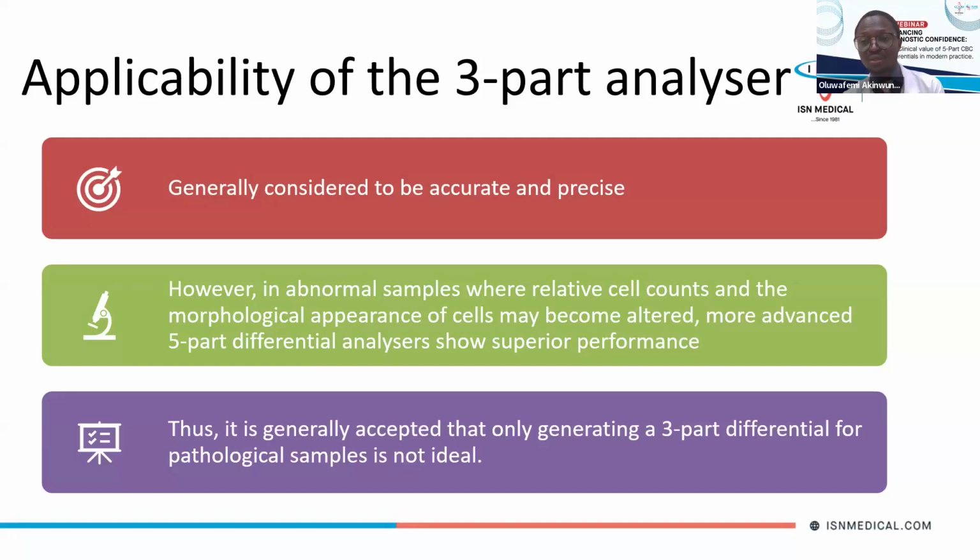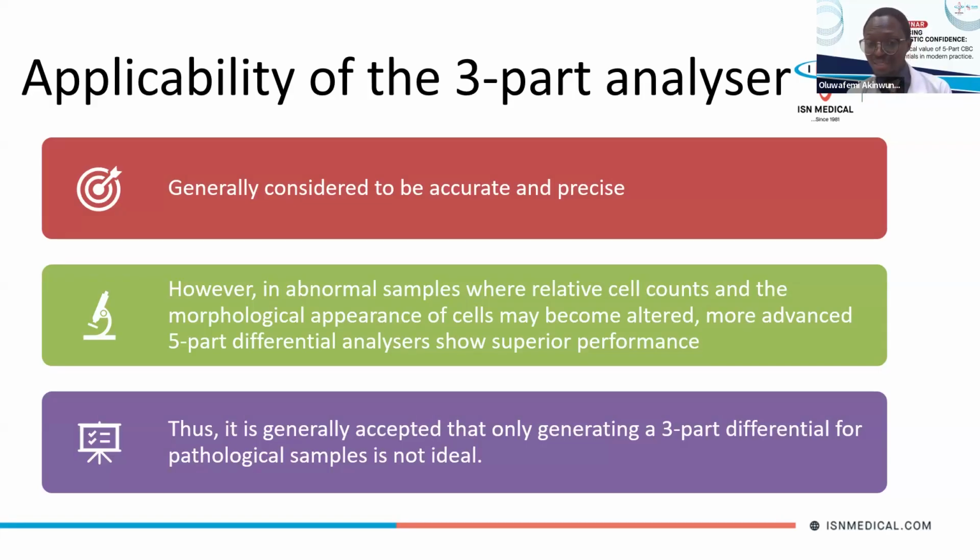Because you cannot tell what sample you are going to receive. In many instances now, people don't tend to go to the hospital unless things are really very bad. So it's at that point, when they are presenting to you, that you actually get the abnormal blood counts. Relying on the 3-part count can be a bit challenging, even though it will give you some of your parameters in an accurate and precise way.